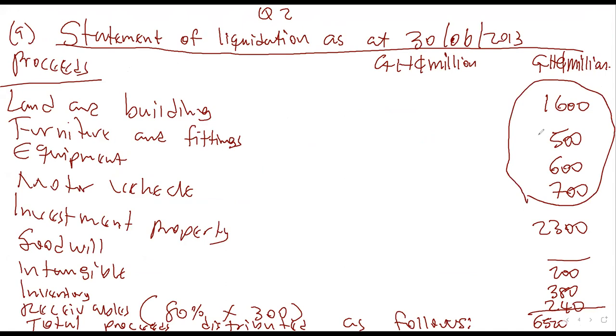Let's see whether it will be enough to pay off the 4,500. So let's add 1,600 plus 500 plus 600 plus 700. I'm getting 3,400.